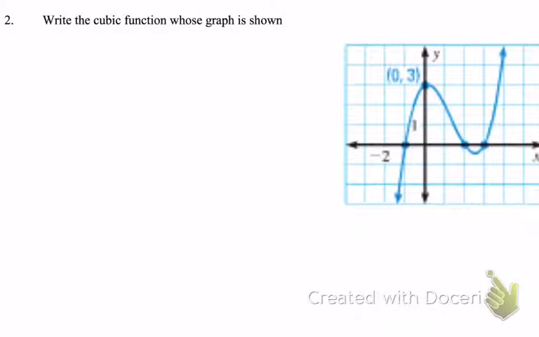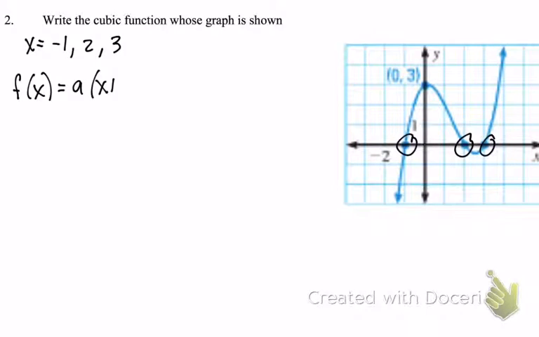All right, so same kind of process. I'm going to write my zeros. So my zeros are at -1, 2, and 3. So x equals -1, 2, and 3. So I'm going to write this in factored form, which would be a times x plus 1, x minus 2, x minus 3.